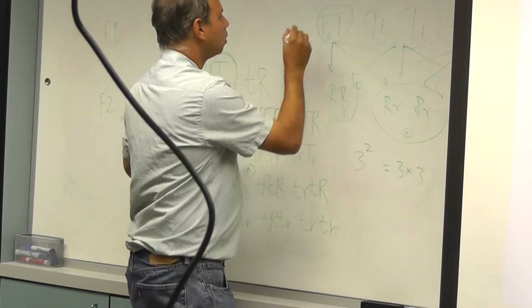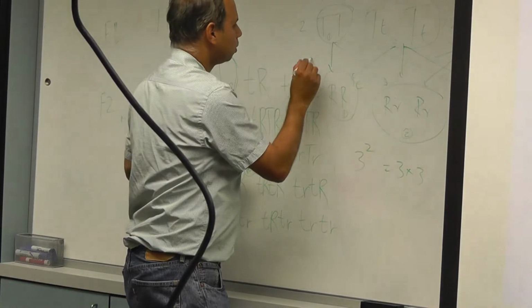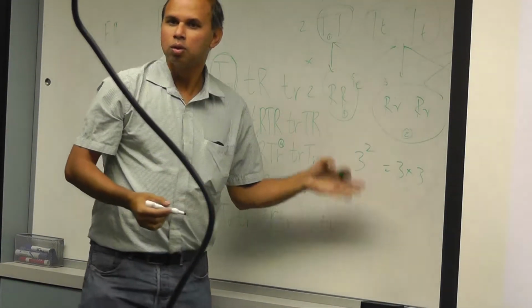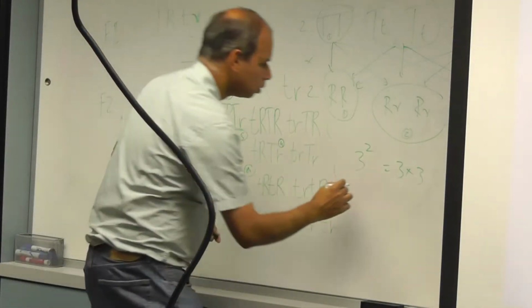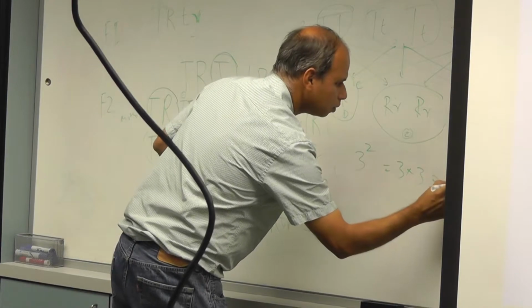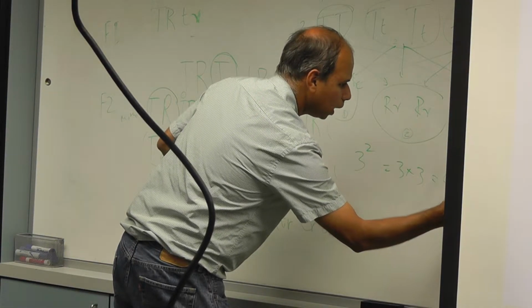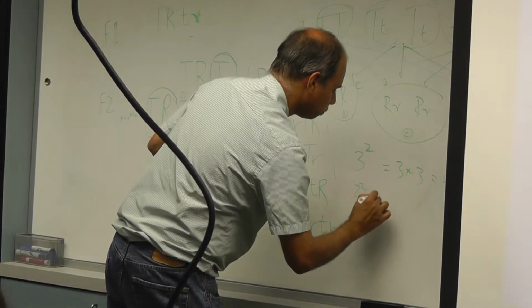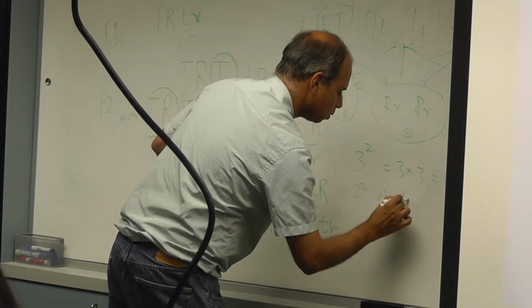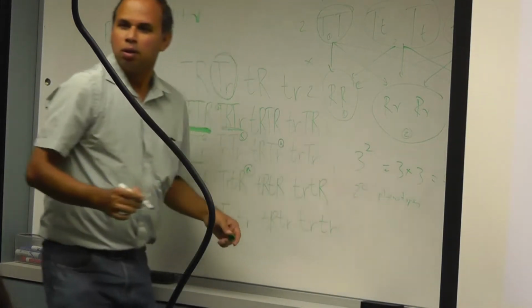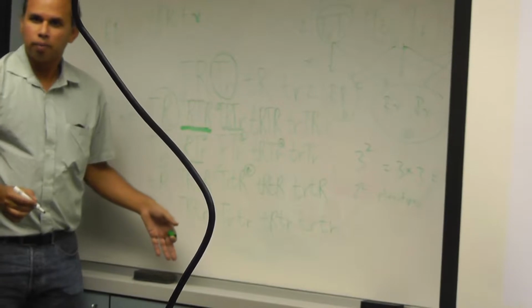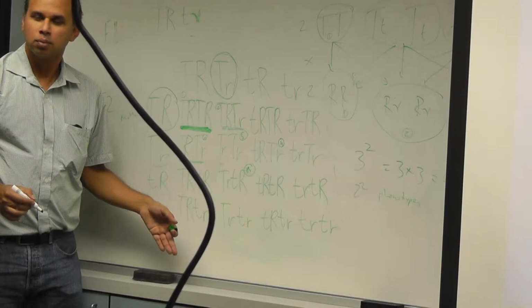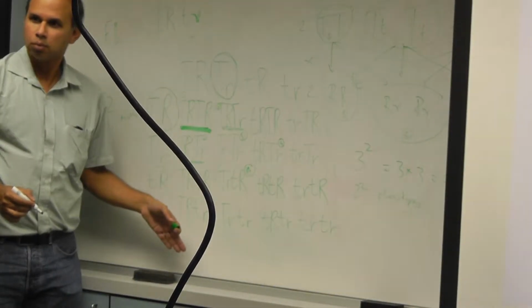So 2 here and 2 here. So 2 square. And 2 square phenotypes. Does everybody get that?